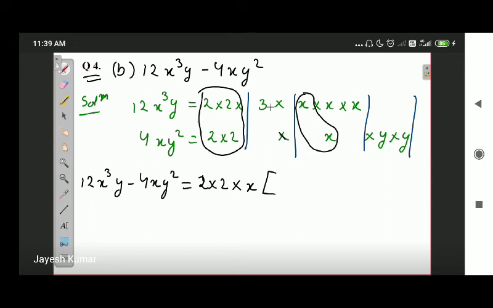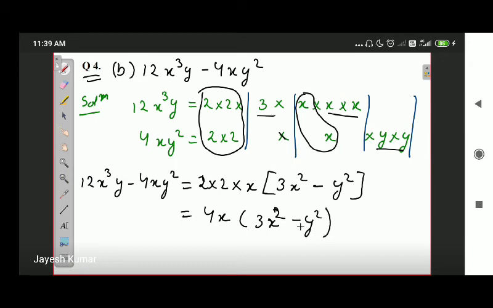For the first term, 3 into x square, 3x square. For the second term, only y square is remaining. The sign in between was negative, so minus. So this will be 4x into 3x square minus y square. In this manner, you have factorized the given expression. From subtraction, you have turned the given expression into the form of multiplication. 4x is being multiplied with 3x square minus y square.